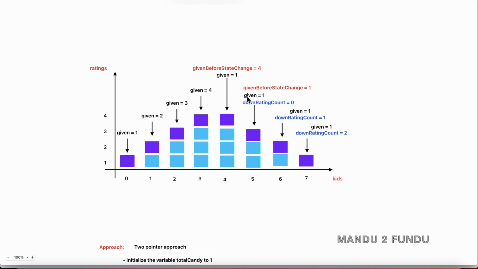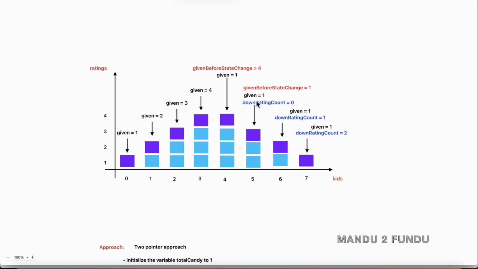And also we have to give at least 1 candy to each kid, so we assign 1 to the given variable. And then we initialize the down rating count to 0 when we see the state change from flat to down or up to down. So in that case we have to set the down rating count to 0. This is the first element in the trending down ratings.